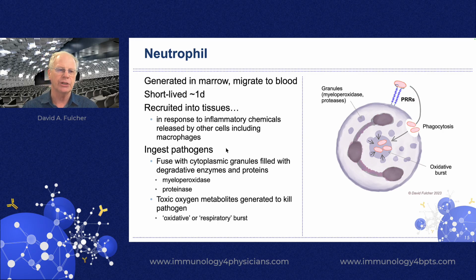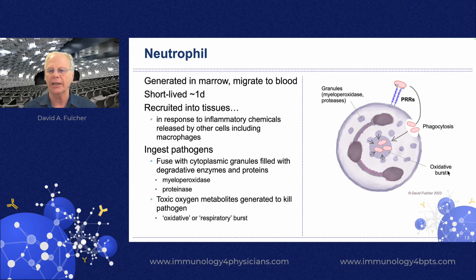So they move into the tissues, they ingest pathogens similarly to the way that macrophages did, and when they ingest them, the phagosomes fuse with the prominent granules in a neutrophil, which contain degradative enzymes and other proteins such as myeloperoxidase and proteinase, which break down that pathogen and kill it.